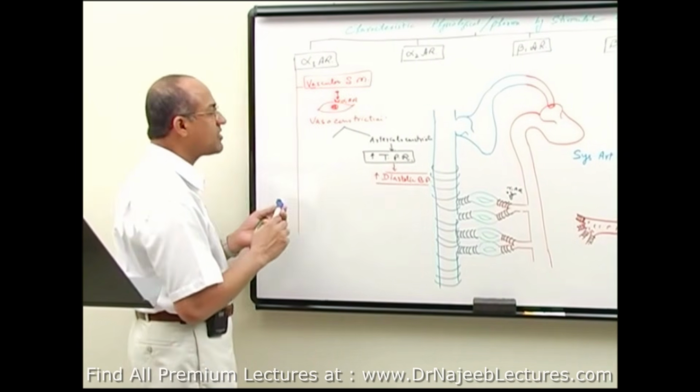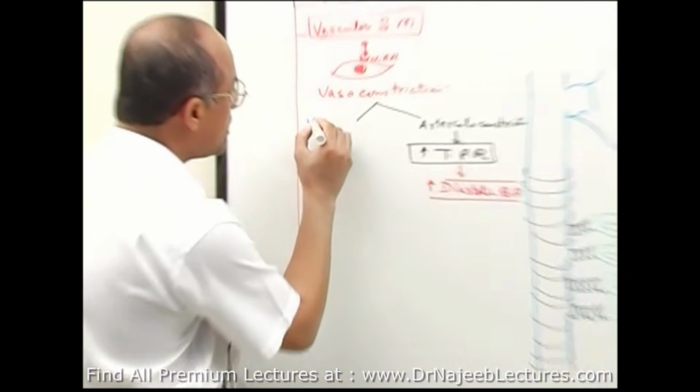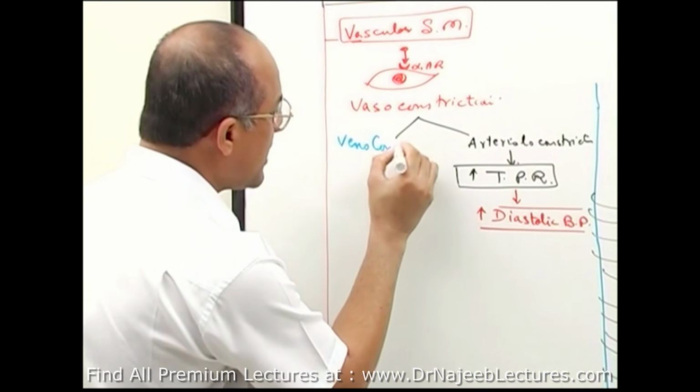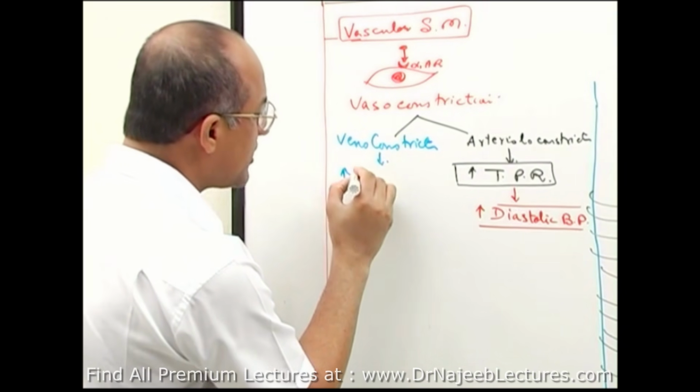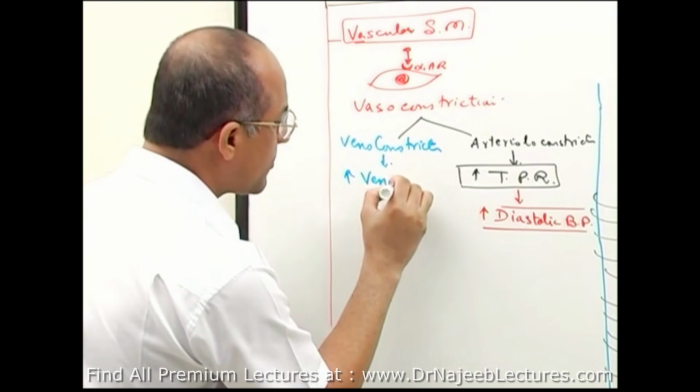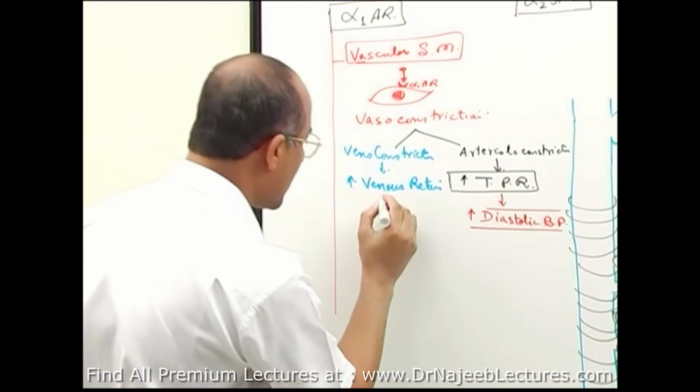So all alpha 1 stimulants produce venoconstriction, and when there is systemic venoconstriction, that results in increased venous return to where? Of course to the heart, the right heart.